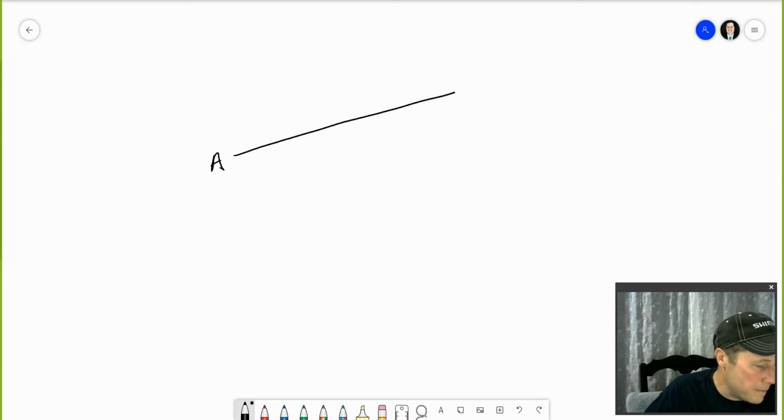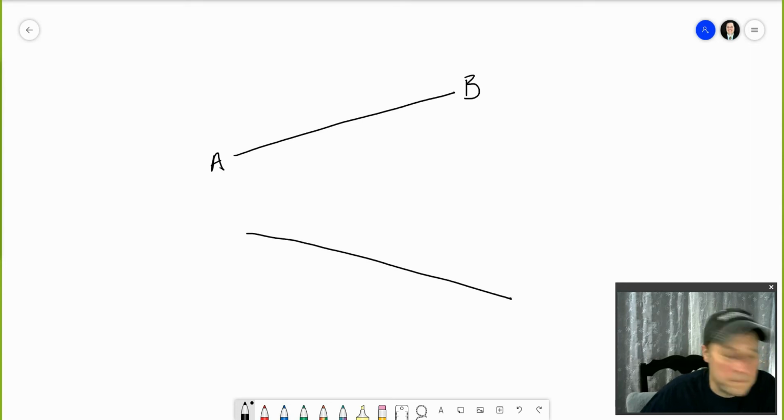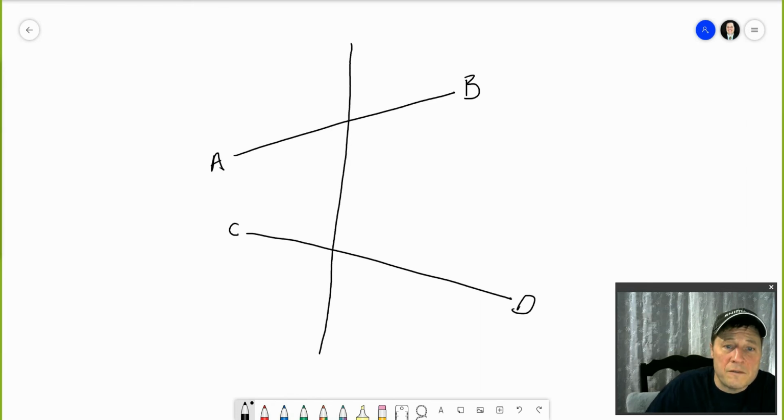There's point A and point B, and then we have point C and point D, and then we have this transversal, E and F, okay?